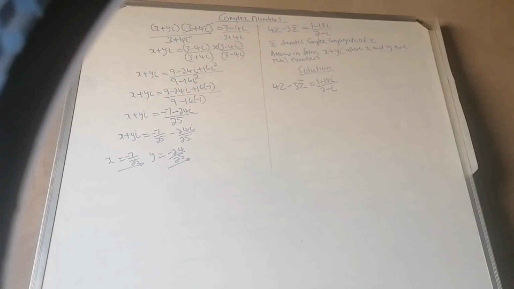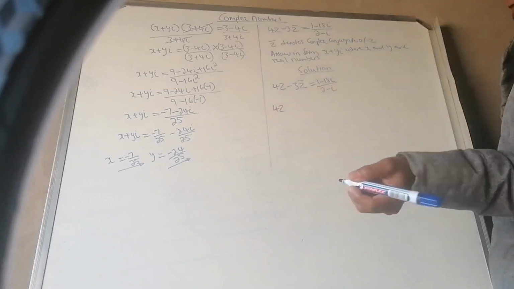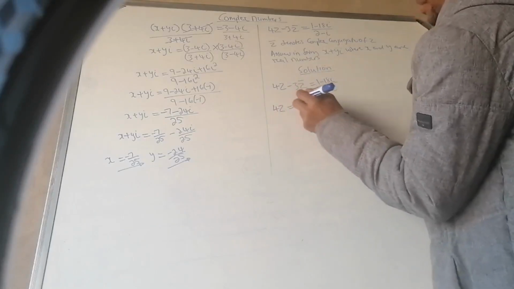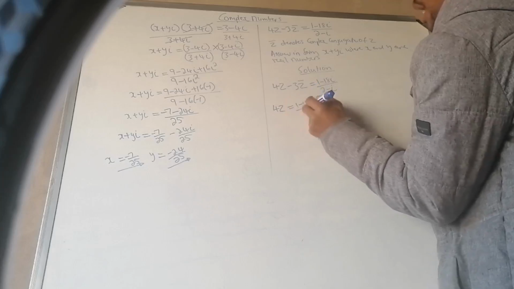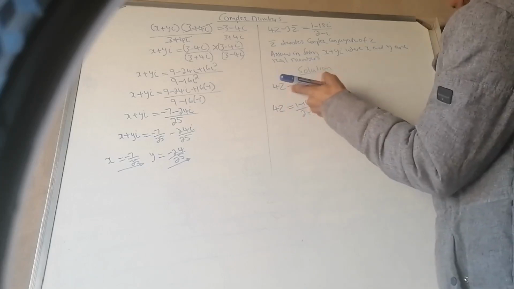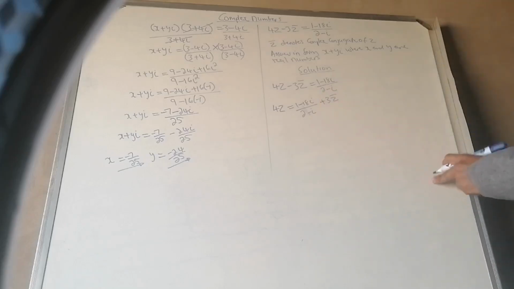Now, that's very much fine. So I think what I can do from here is make z the subject of the formula. I have my 4z equals (1 - 18i) over (2 - i). Take this to the other side, this will be plus 3z-bar.